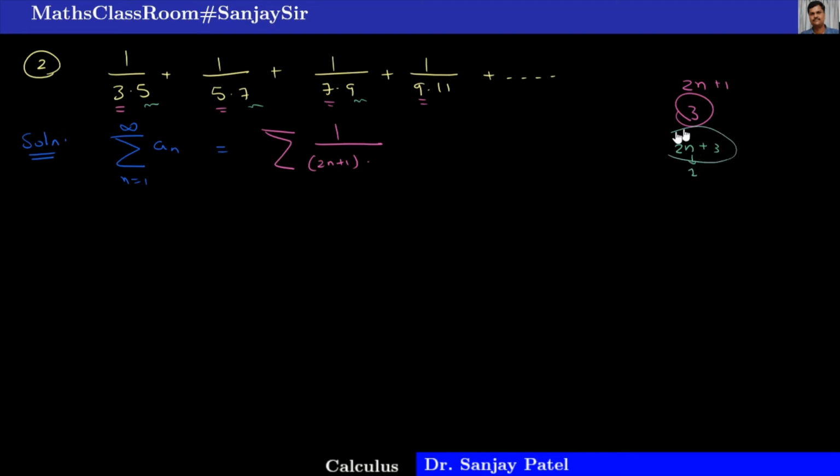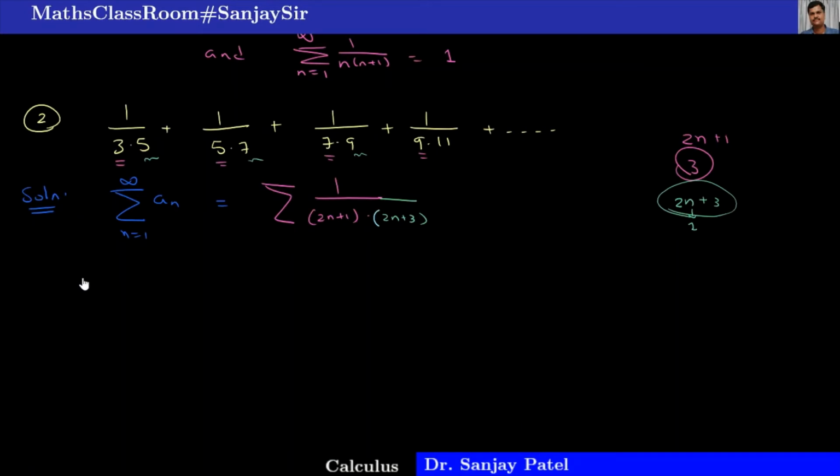That gives me the nth term of the sequence of second numbers in the denominators, that is 5, 7, 9, and so on. So I can write it as 2n plus 3, correct? So this series you can express in the general form as sigma 1 upon 2n plus 1 into 2n plus 3. Fine.